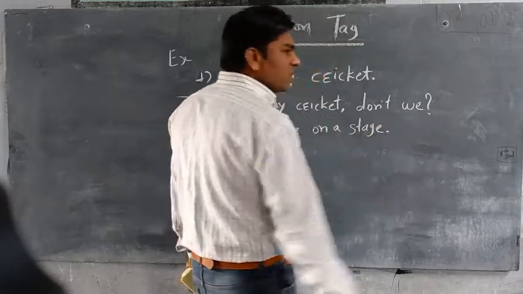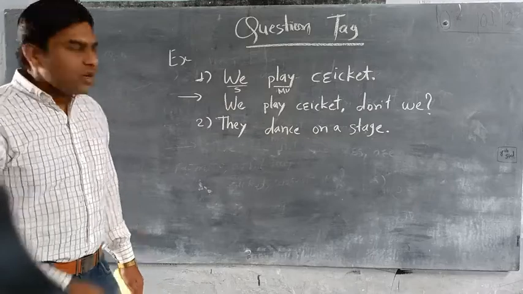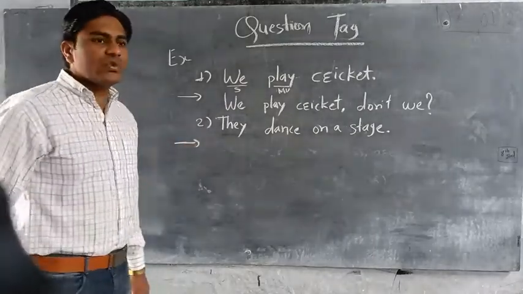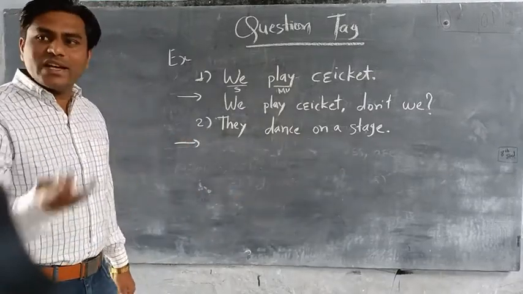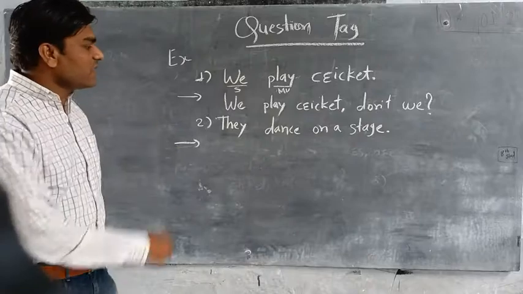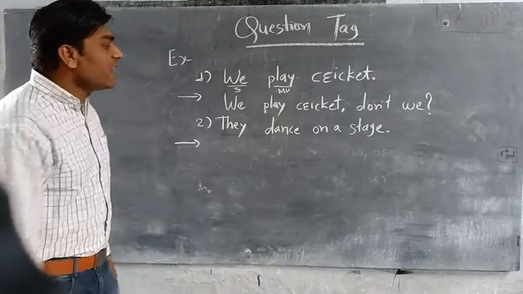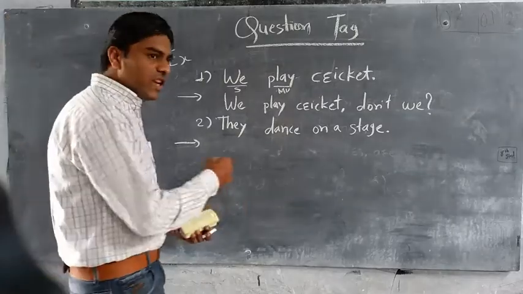When we see this sentence, we have to make it into negative form. Sorry, it is in positive, so we have to make it negative. But when we see a sentence in negative form, like they do not dance, I write here in negative form.